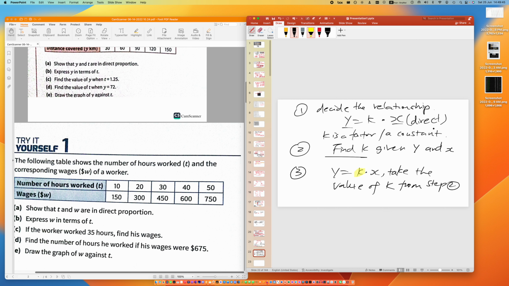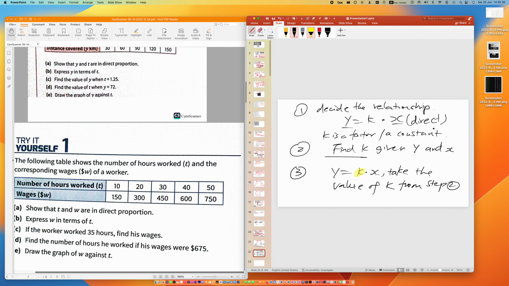So the Y is W. And then the T replaces the K or the X? Answer my question. W replaces Y. Then the T replaces the K or the X? K or X? K. This one is the relationship between which two?